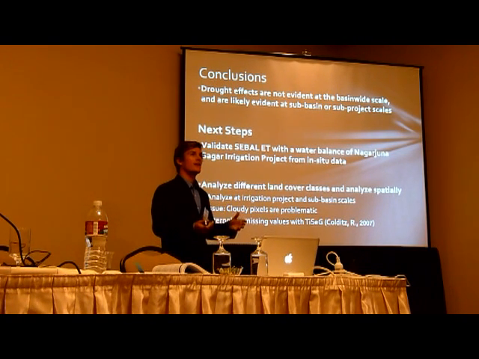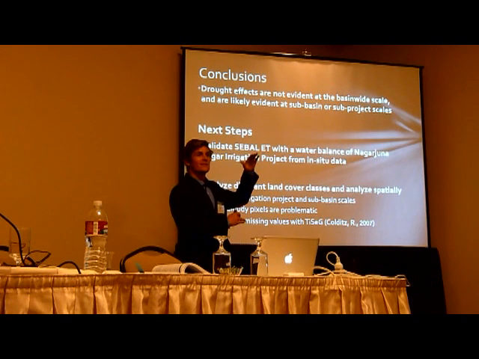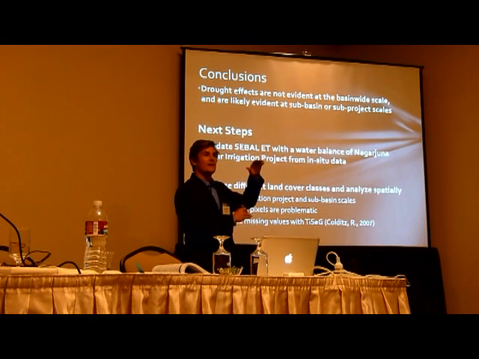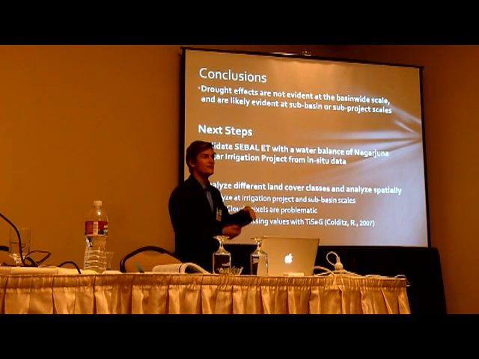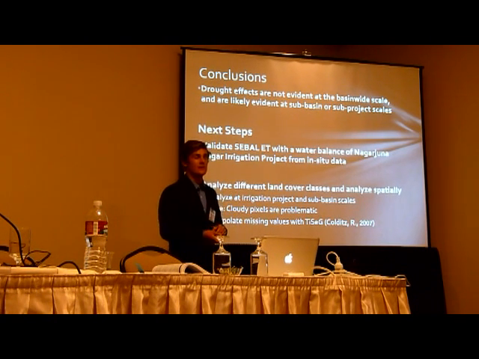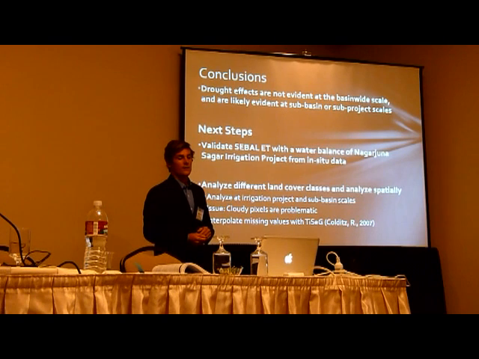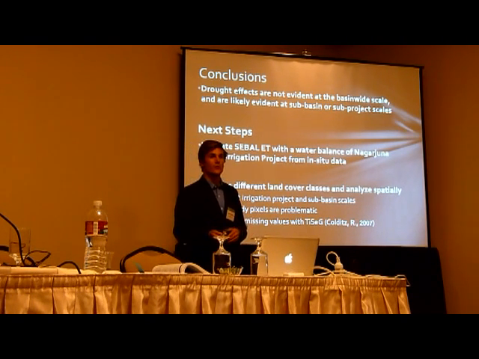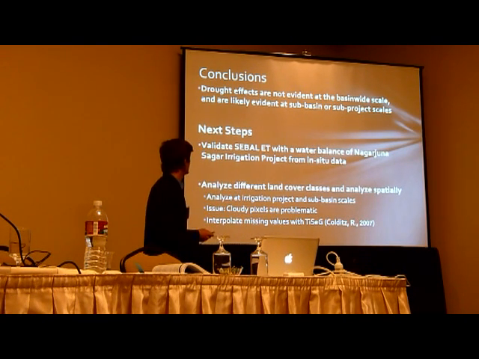Because if you're used to 10 millimeters and you drop down to 2, that's a big change. If you only get 2 all the time, you still get your 2. It's not a big difference. So it could be that the people who use the most irrigation are the most vulnerable and will be the most impacted.